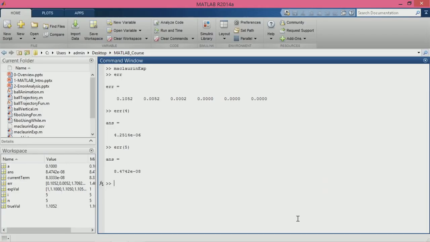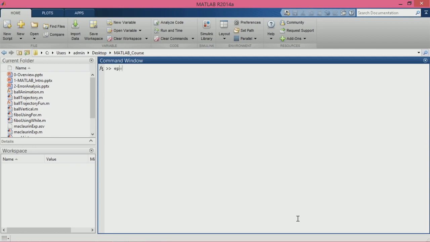In case of MATLAB, the machine precision is given by a keyword EPS, and the machine precision in MATLAB is 2 multiplied by 10 to the power minus 16. This machine precision is 2 to the power minus 52.